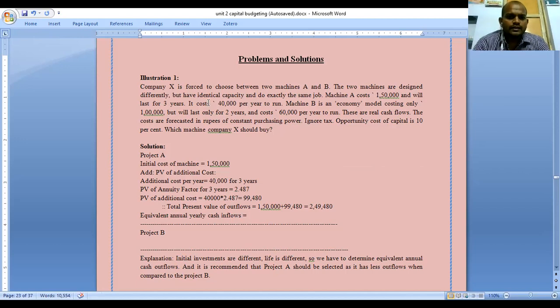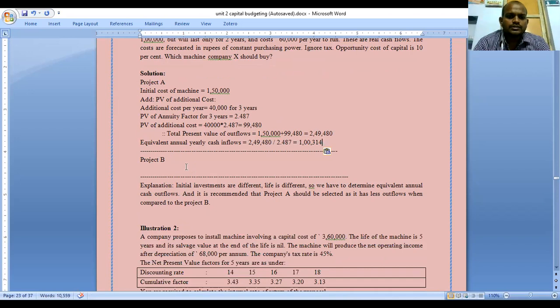Because in project A, mission A, it has 3 years life. In mission B, life is 2 years. So life disparity is there. So if you convert the outflow to a yearly basis, we can see how much the yearly outflow is, so that it is very easy to compare the projects, and you can judge which project is the best.